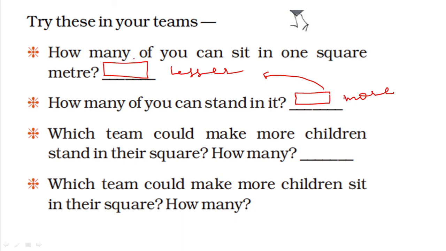Now count which team has more children in the sitting case. Which team could make more children sit in their square? This question was for standing, this question was for sitting. You can interchange the students, sit on the square again and count the students. It may be a fun activity for you.